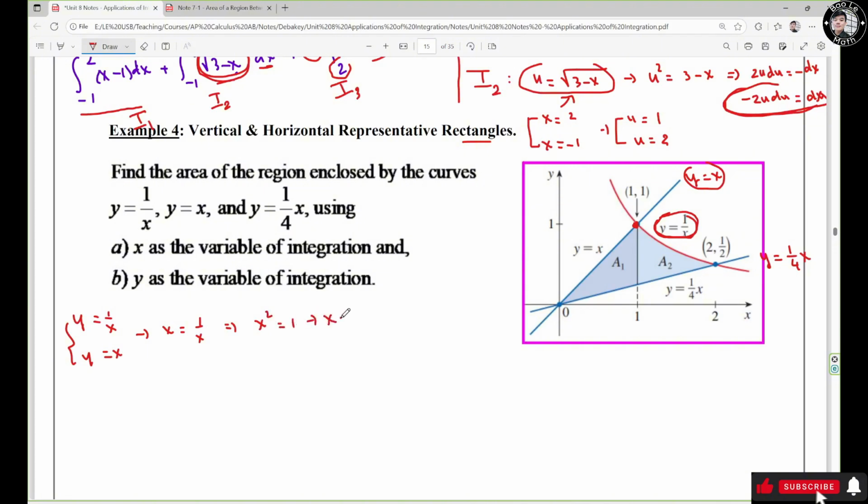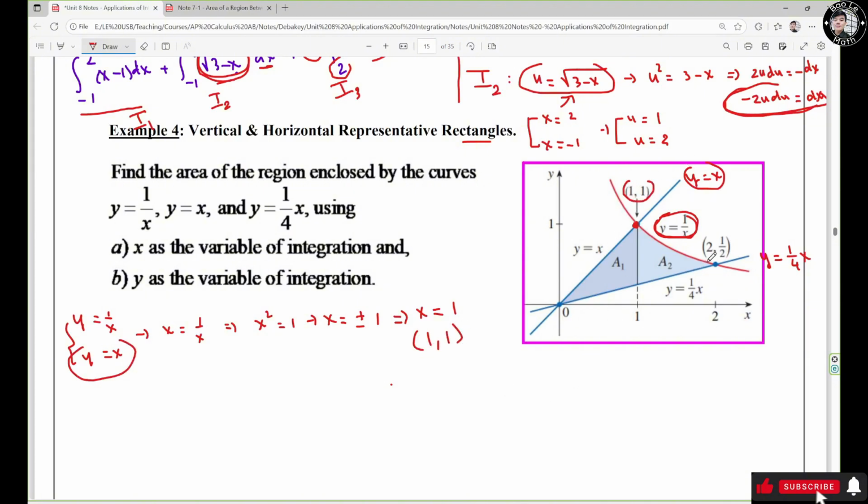Then s equals plus and minus 1. When you look at this graph, you only need s equals 1, because it's on the right of the y-axis. Then substitute over here, so y equals 1. So the first ordered pair is 1 and 1, right here.